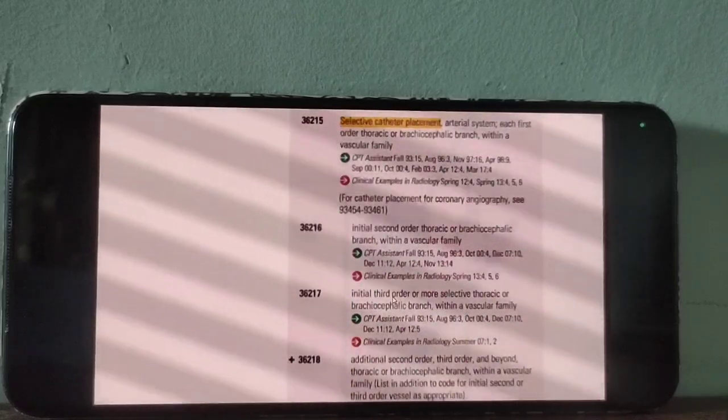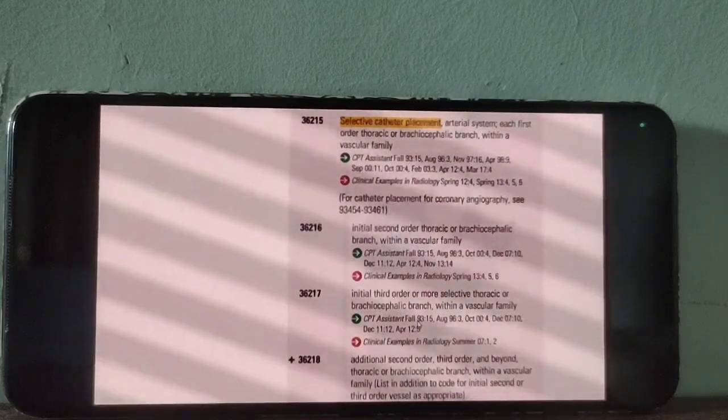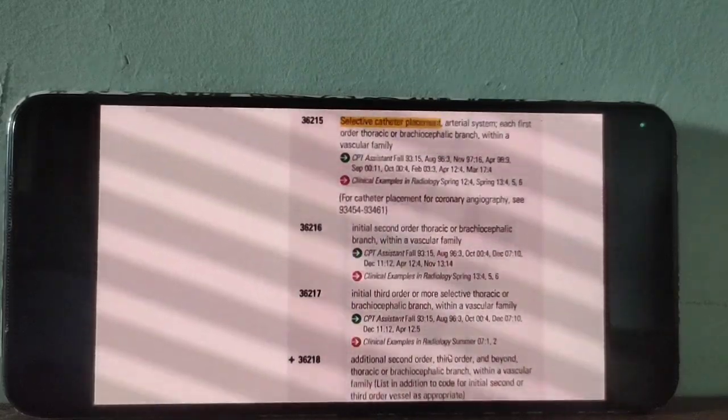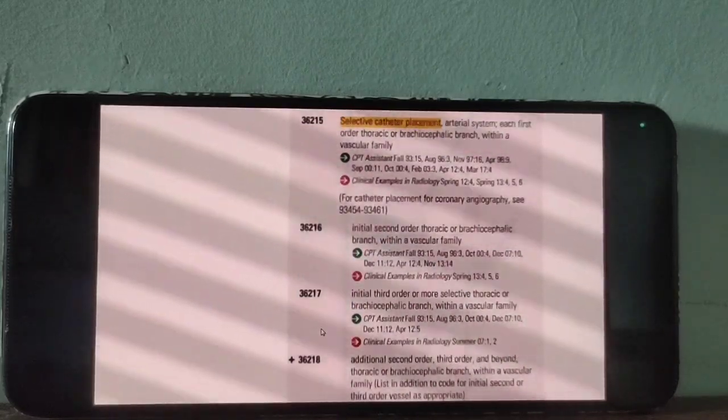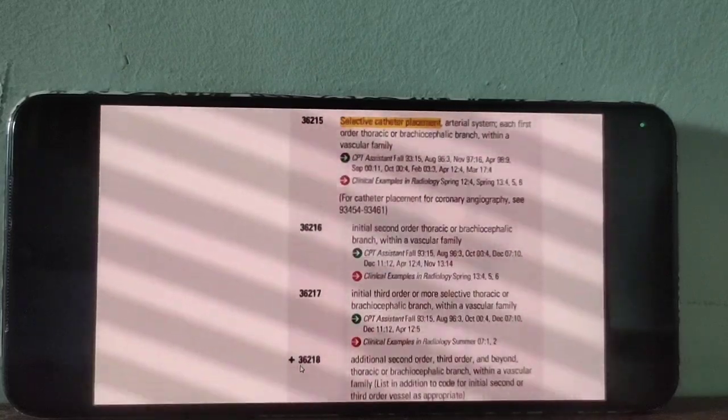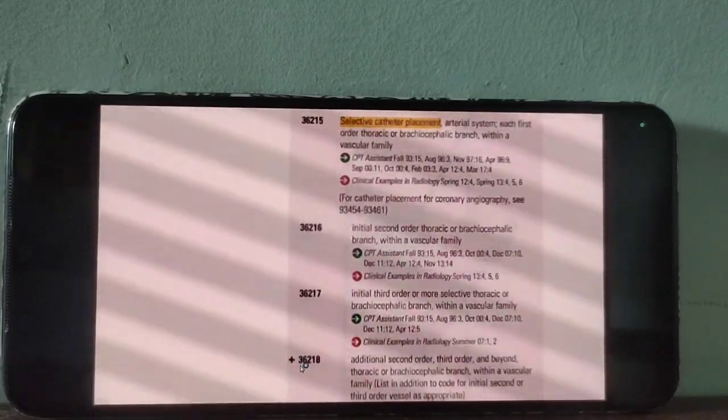And 36218 is for additional second order, third order or beyond the third order. How would you report this add-on code? For example, 1 minute.